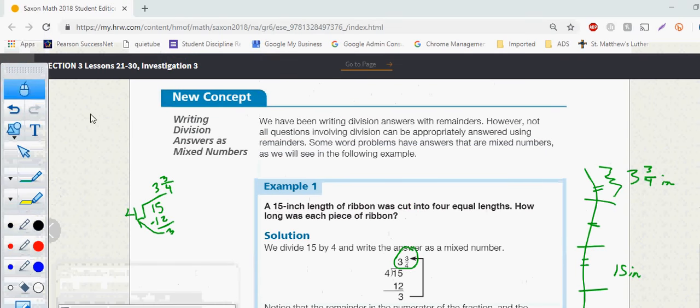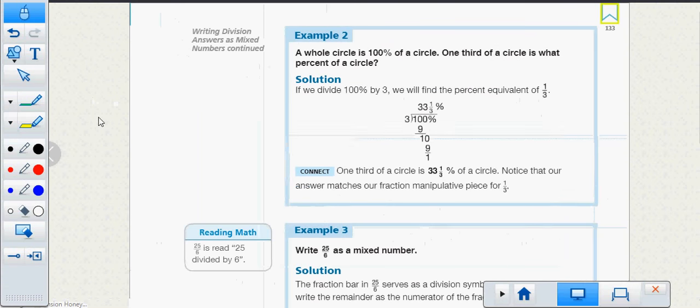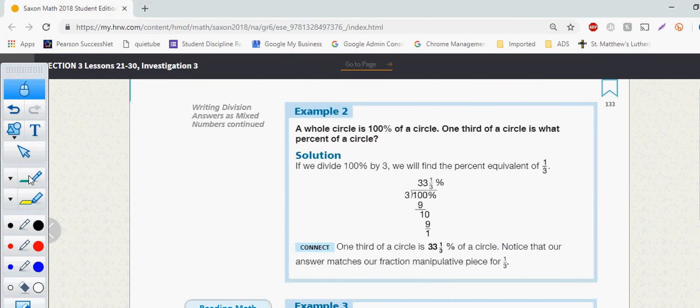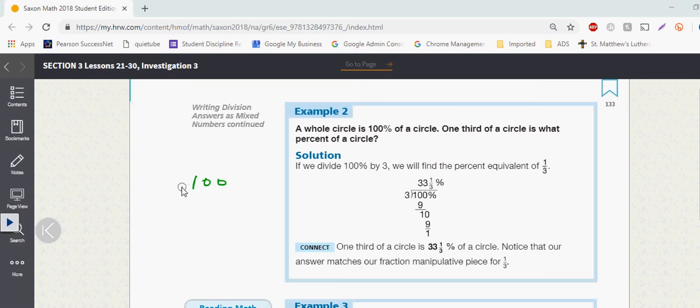Okay, let's delve into this further, please. Whole circle is 100%. So what's a third of that? What is a third of 100%? Divide 100 by 3. 3 goes into 10 3 times. Leaves me with 1.